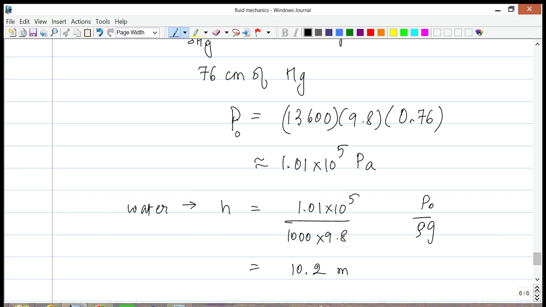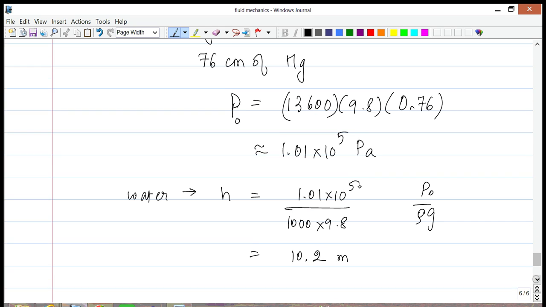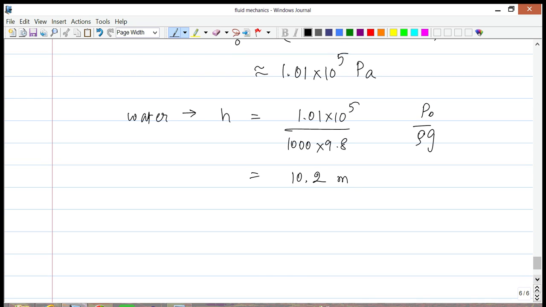So you need a really tall barometer if you were to use water instead of mercury. So mercury really works out, and we're able to use it to figure out the atmospheric pressure. Okay, so that's all about pressure measurements.